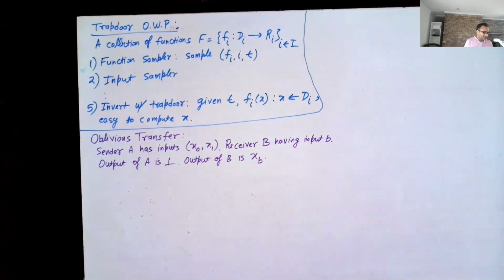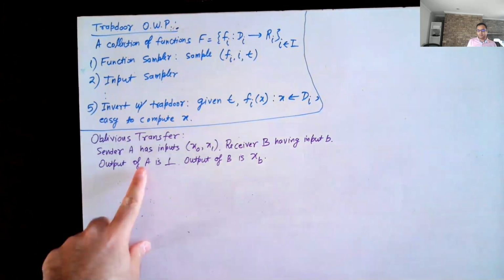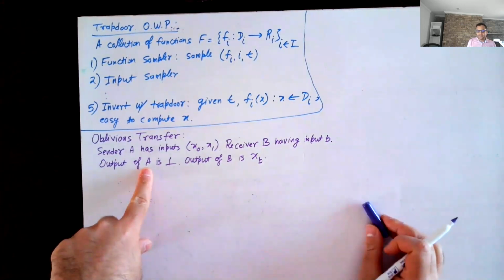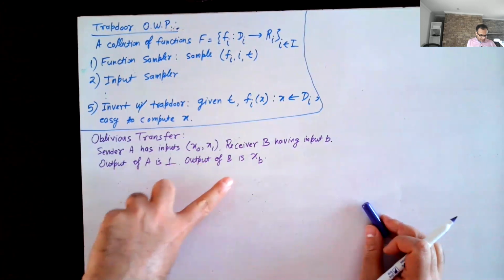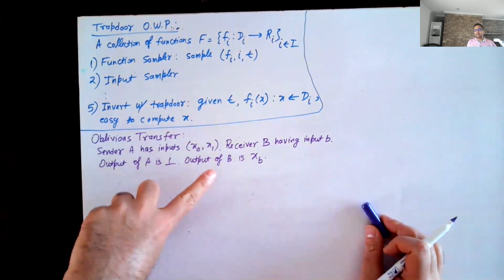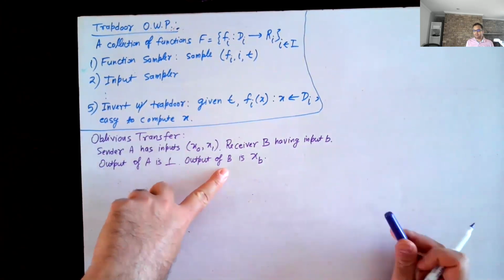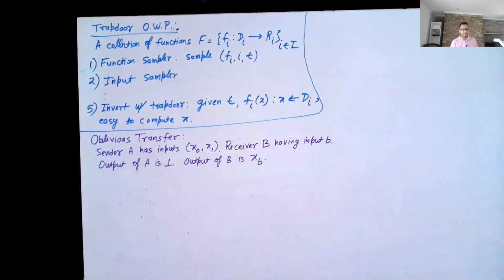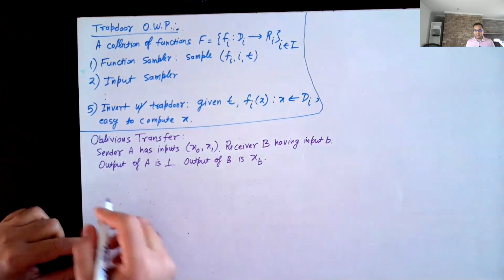So the bit b is hidden from the sender A, and the string x_(1-b) is hidden from the receiver B. Is the functionality clear?